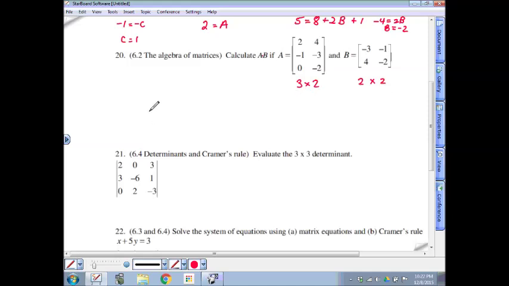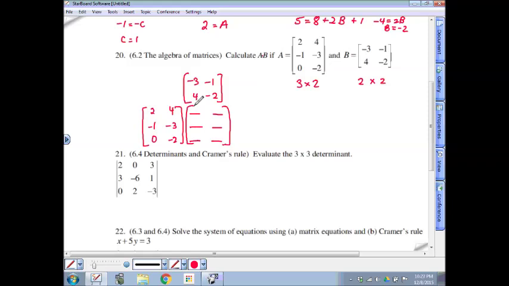So one way I suggested that you can do this problem is to set it up like this. And then you write the resulting matrix down here. If it's a 3 by 2 matrix, it's going to have 3 rows with 2 columns like this.